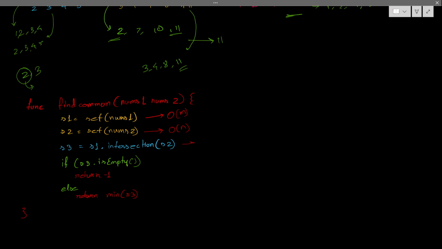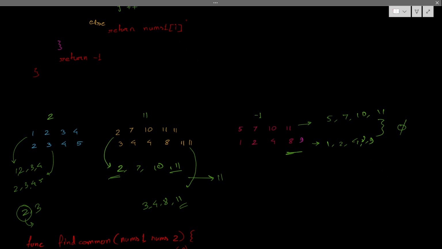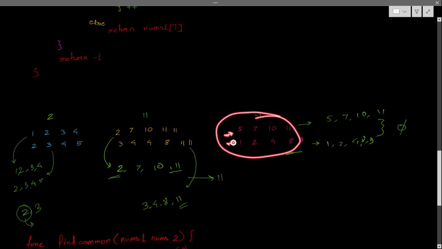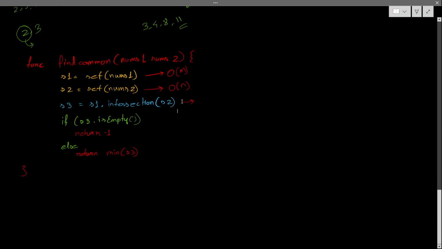The intersection, at worst case, is when all numbers are unique. In that case, the set is nothing but the actual array, containing all elements of the array. These are also all elements of the array. So intersection will take m plus n time.